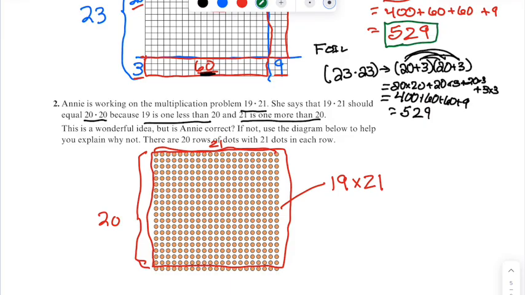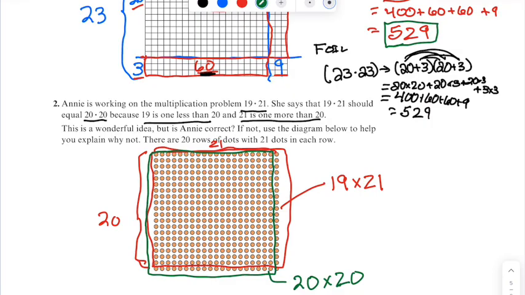So what does that look like? That's going to go all the way down 20 rows and 20 columns. And so this part in green is the 20 by 20.